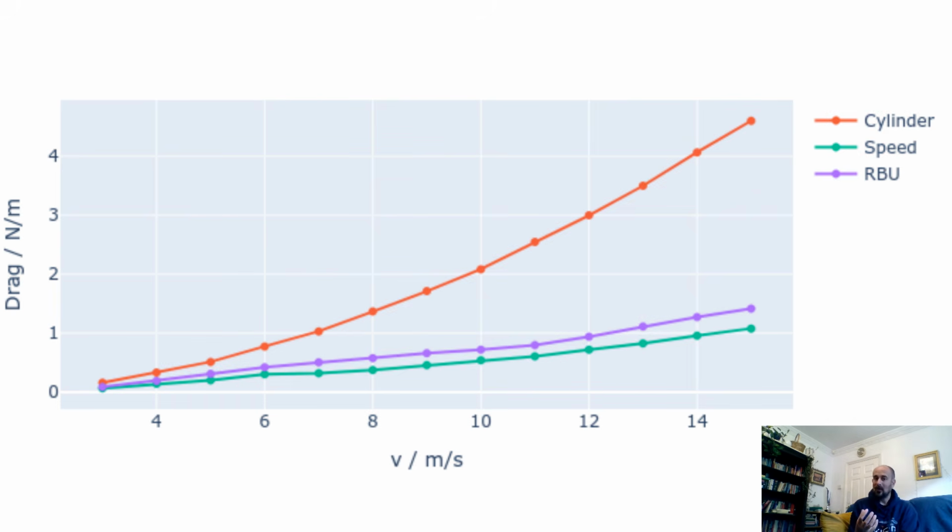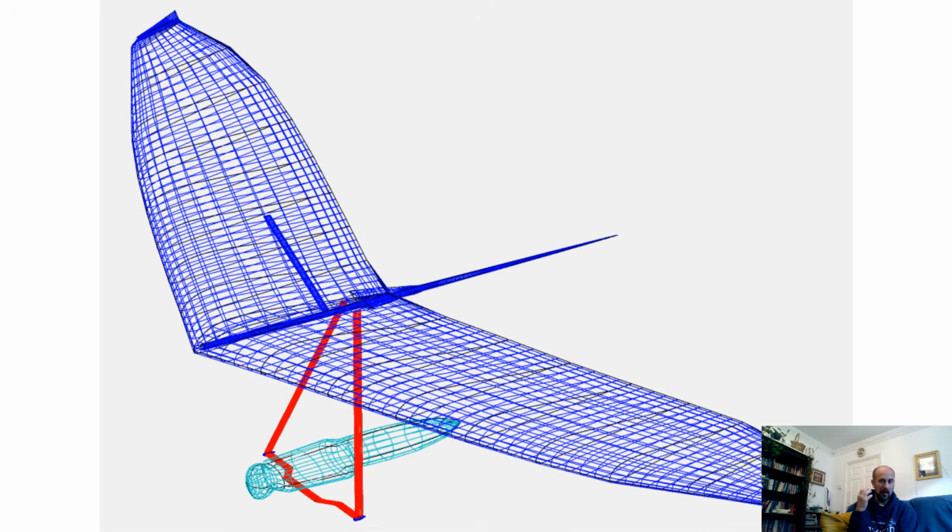So now we've got the values per metre of the amount of drag that each one of these components is making. Obviously, what we're really interested in is how much difference does it actually make into the way the glider flies. So this was my main motivation for doing this. It was mostly to improve the accuracy of my simulations and my predictions so that I can be doing more accurate modelling.